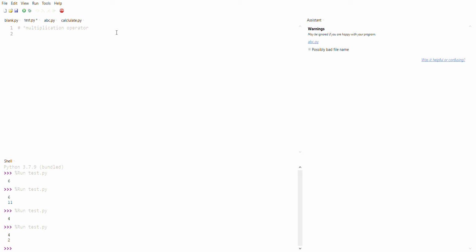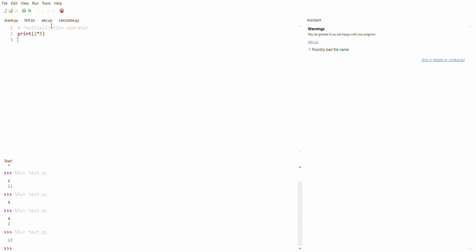Let's try it. Print 2 multiplied by 5. As we know, 2 into 5 equals 10. So here we go, 2 into 5 is equal to 10.